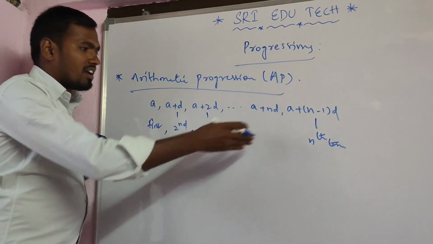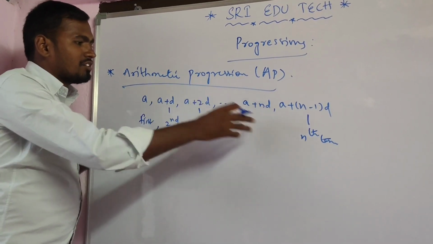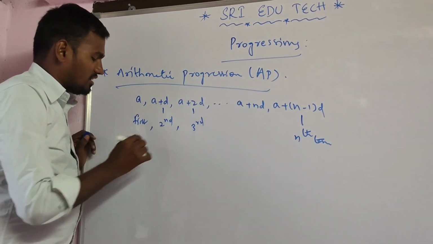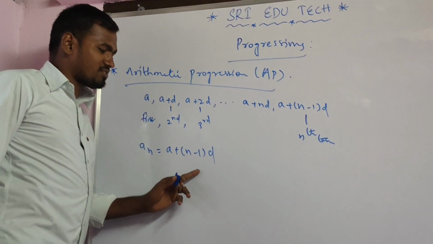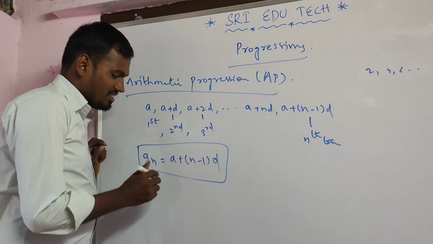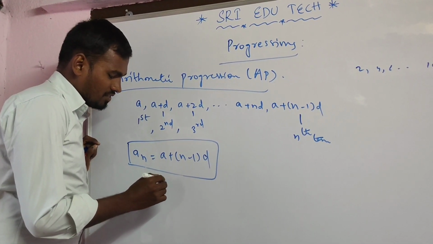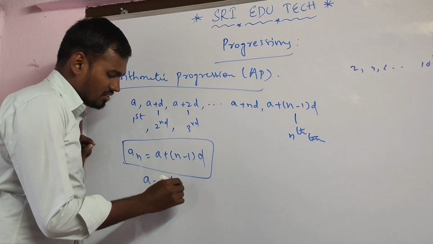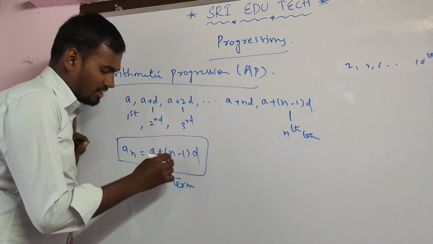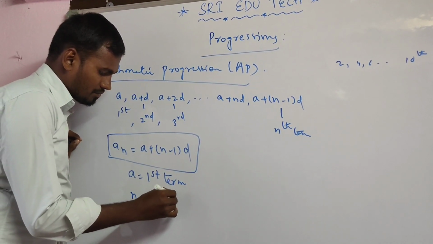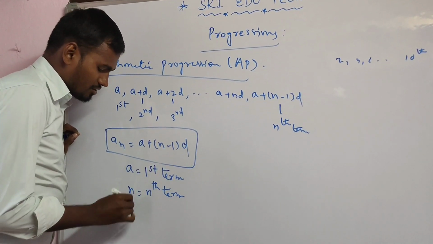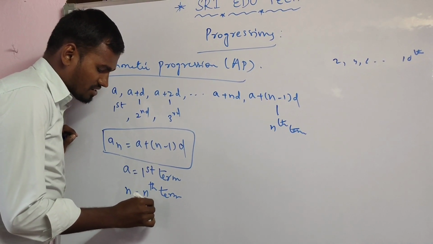Now we can write the nth term of an AP: an is equal to a plus (n minus 1) into d. In this, a is the first term, n is the number of the term, and d is the common difference.